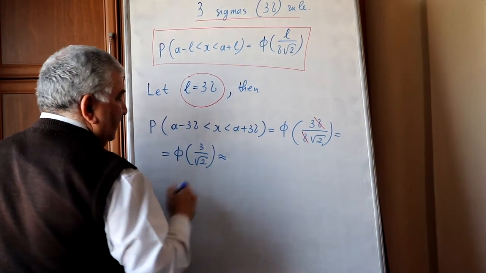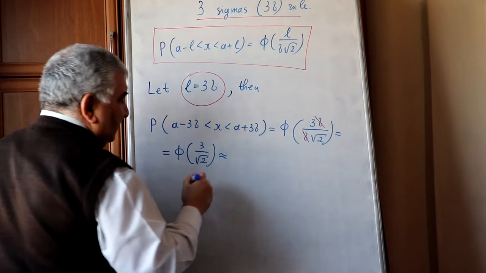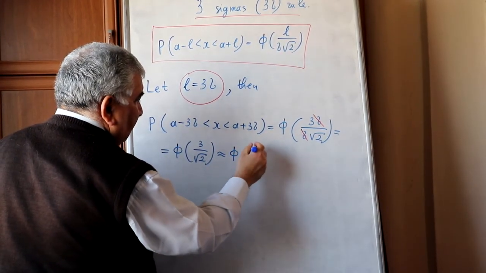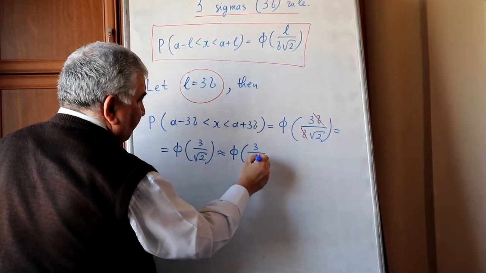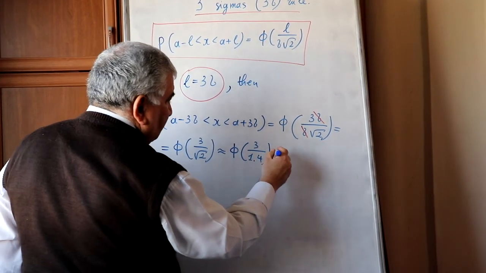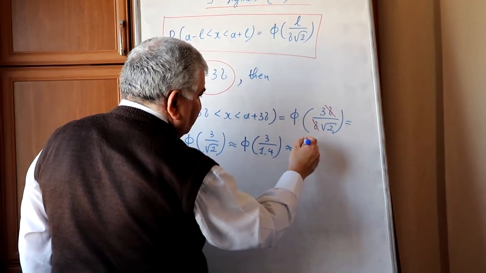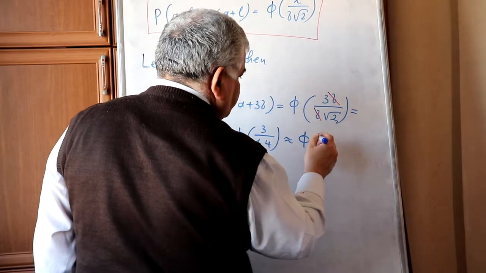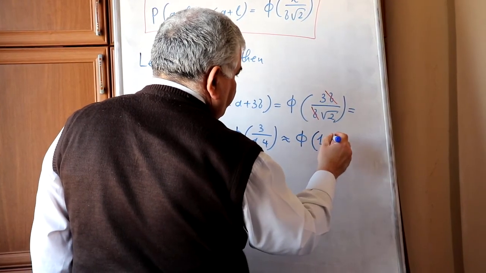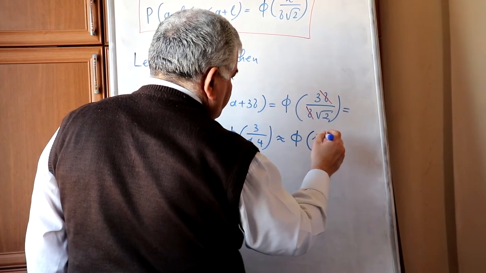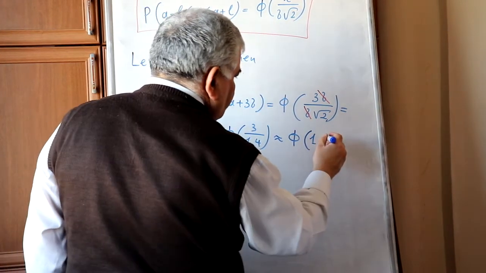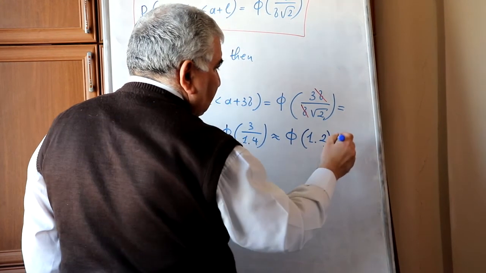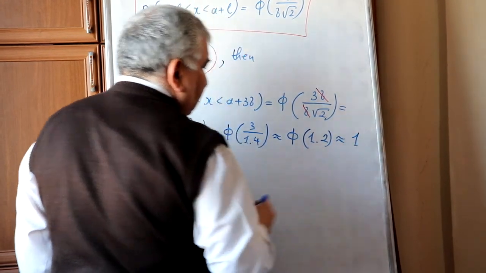It is approximately equal to phi of 3 divided by 1.4, and it is approximately equal to phi of 2.1, and it is approximately equal to unit.